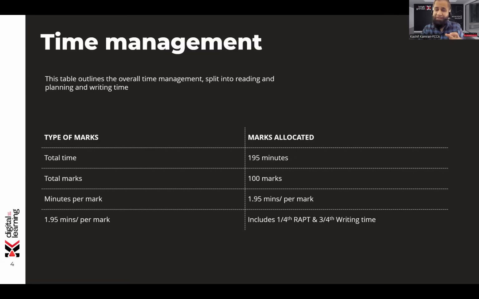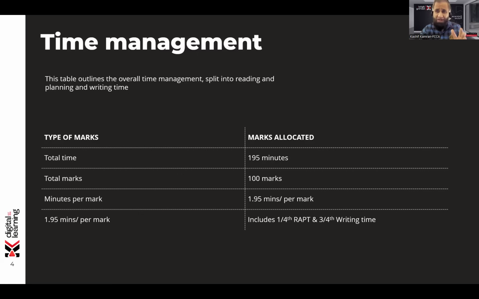So there is a significance of the reading and planning time, which is 1/4 of your time you're spending on a question, and 3/4 of the time is for writing. So suppose there is a requirement in an exam paper, which is 36 marks. So you will multiply the 36 marks with 1.95. I think you will get 70 minutes in total.